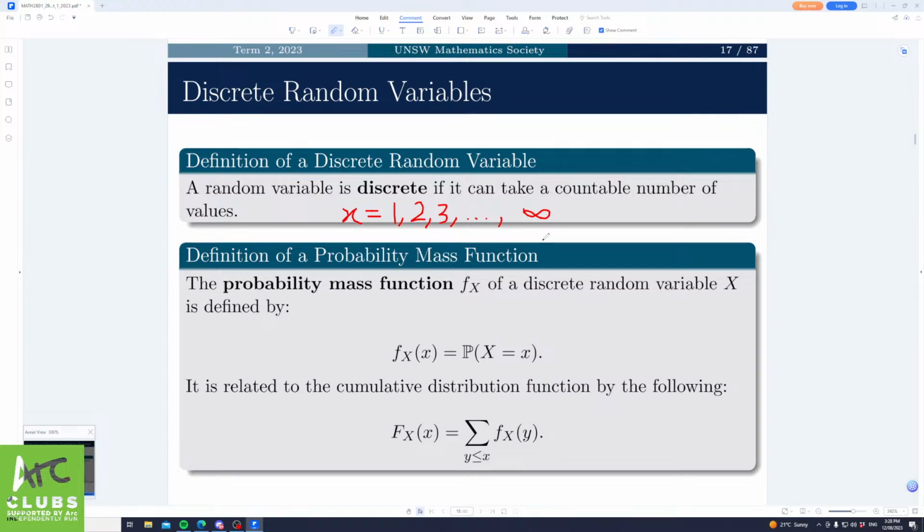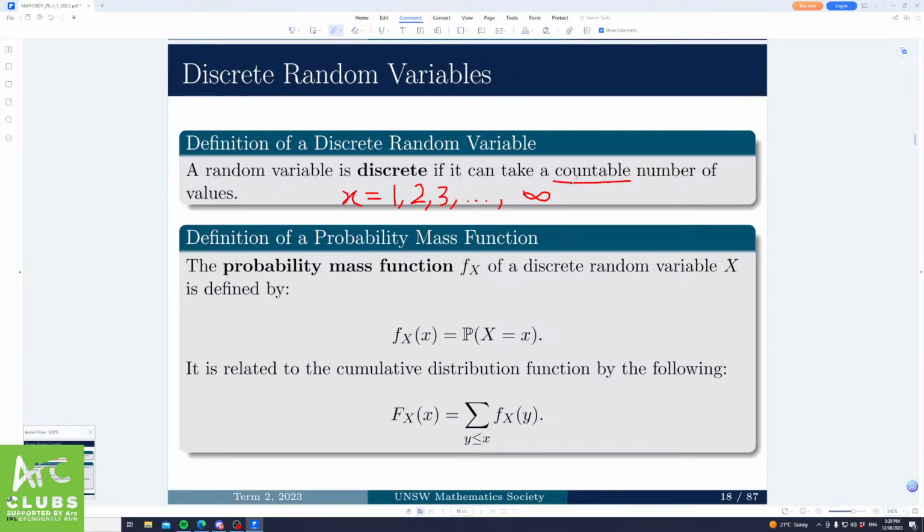However, this is still classified as discrete, and the reason why is because this sequence of numbers 1, 2, 3 all the way up to infinity is countable. In other words, we can actually order these values. So 2 is greater than 1, and then 3 is greater than 2, 4 is greater than 3, and so on. And so even though there is an infinite number of values the random variable can take, we still say this is discrete.